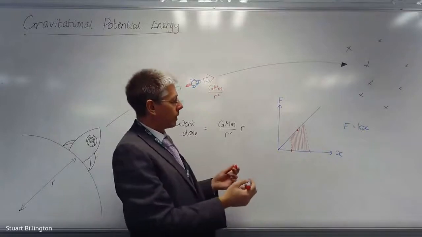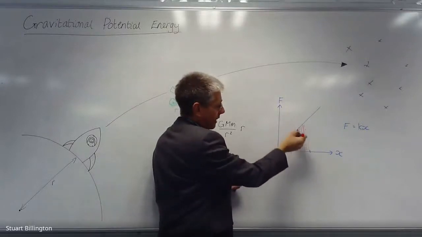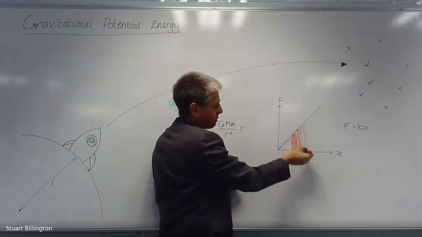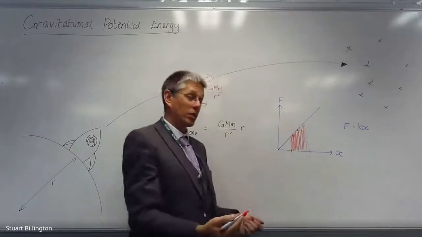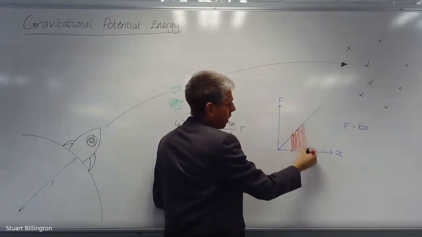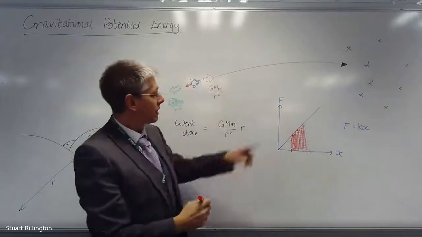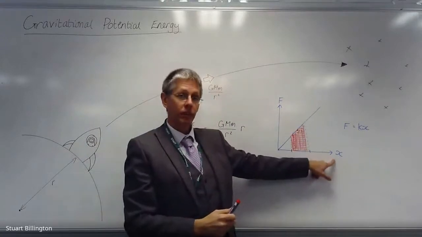But then we said, if we make these rectangles really narrow, then that triangle on the top is going to get smaller and smaller until eventually we can ignore it. And that brought us to the idea that the work done was the area underneath this force distance graph.